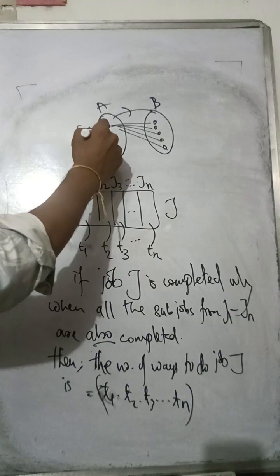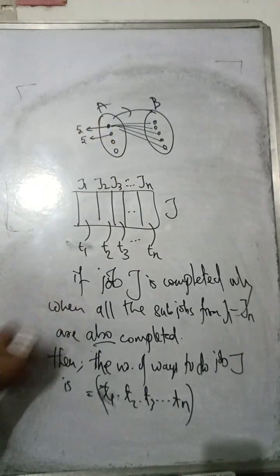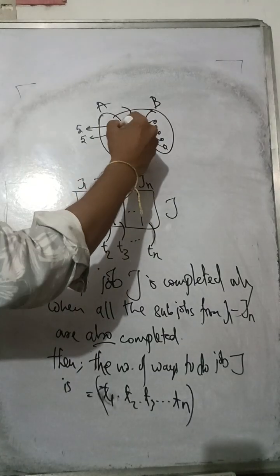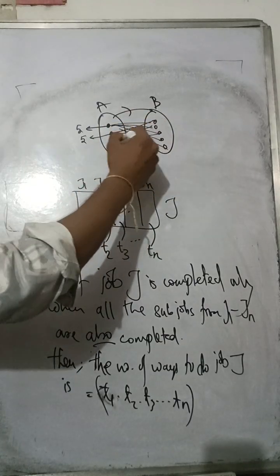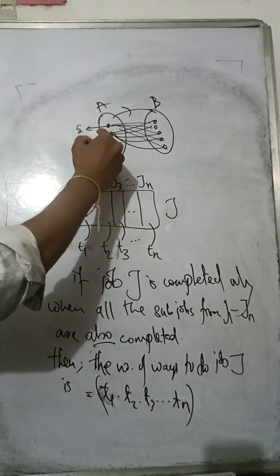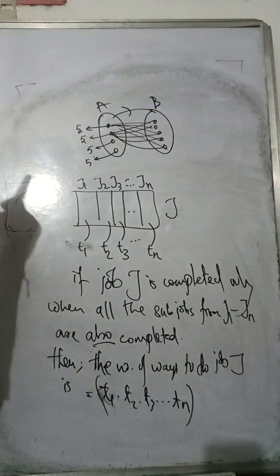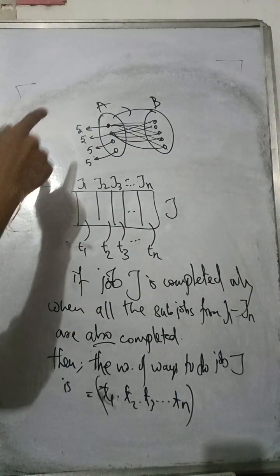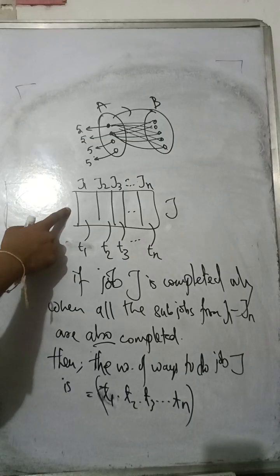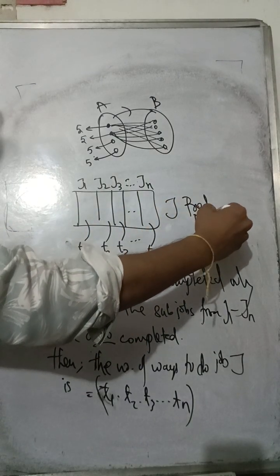How many choices does this element have? Again 5. It may map with this, or this, or this, and so on. The same with this one, 5, and this is also 5. Now why have I brought up this example? Because it is exactly using the product rule.